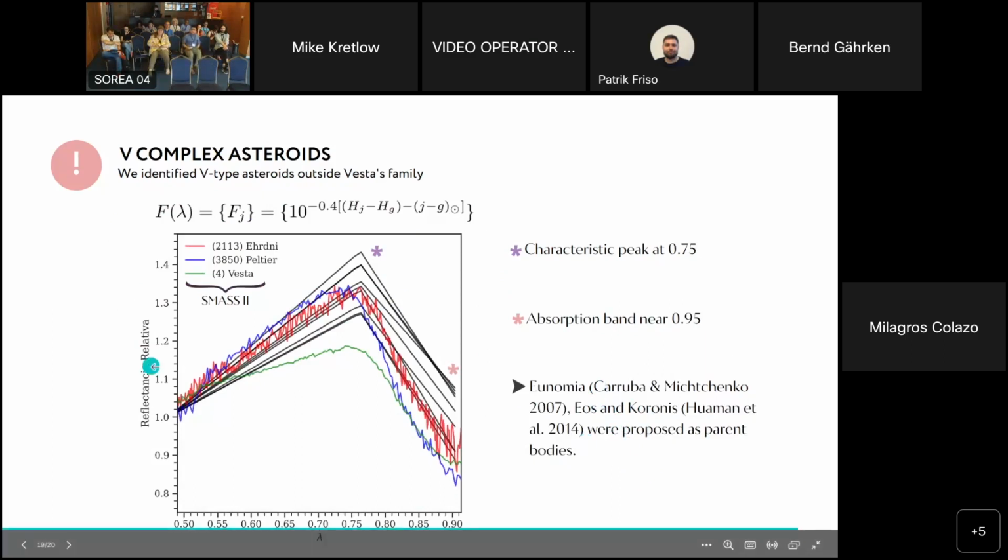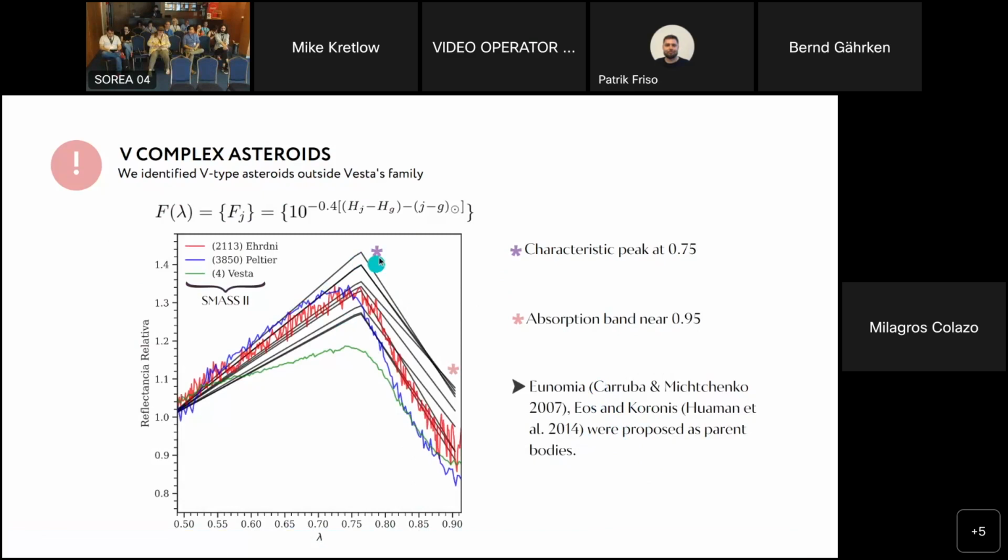And we compare this photospectrum, the one obtained with Sloan data, with the S3OS2 spectra. We can see that our sample is more related to the Erigone or Pallas spectra, and they're not similar to the one of Vesta.